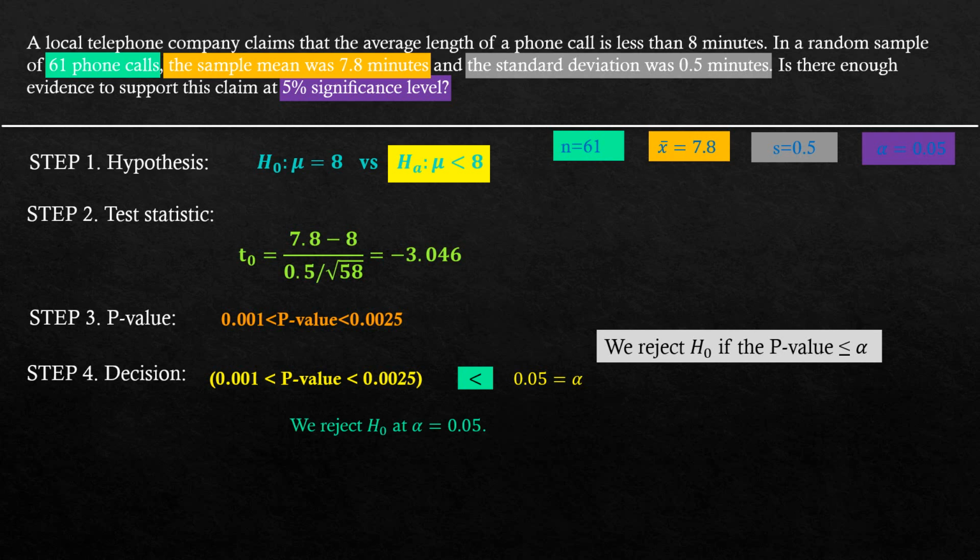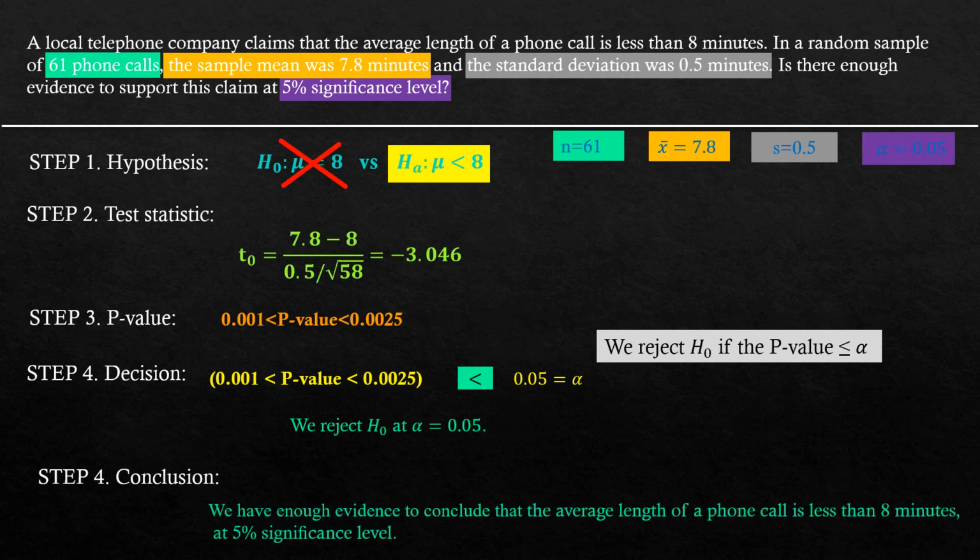So what is the meaning of this? We reject H naught, that means we don't accept H naught. It means again mu equals 8 is not correct. We have only two options, so we have to accept HA. Therefore, we can write the conclusion.